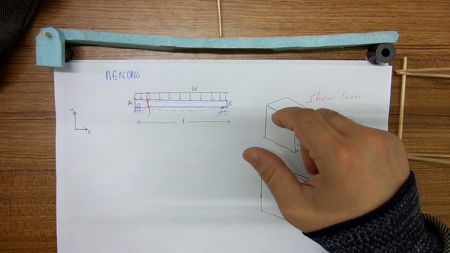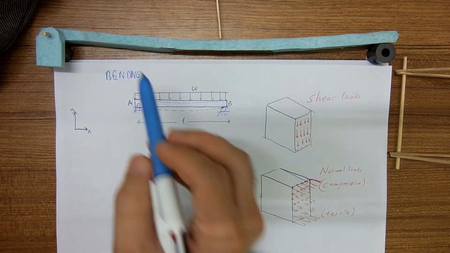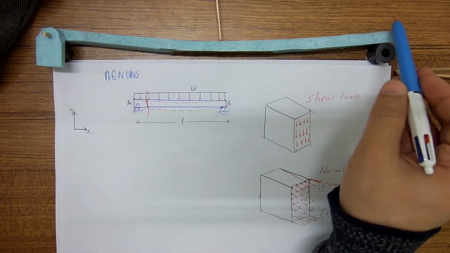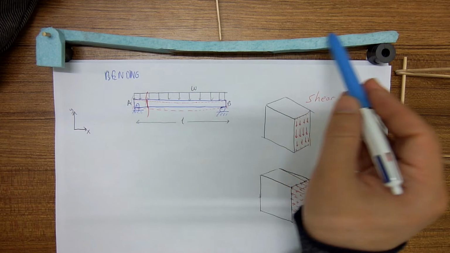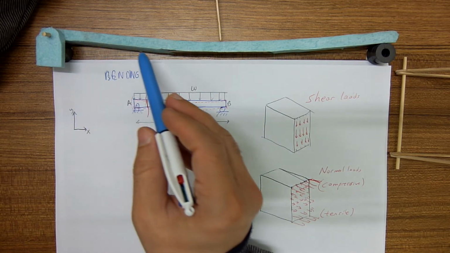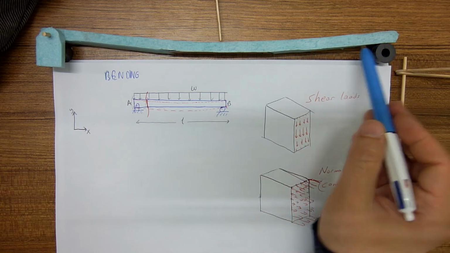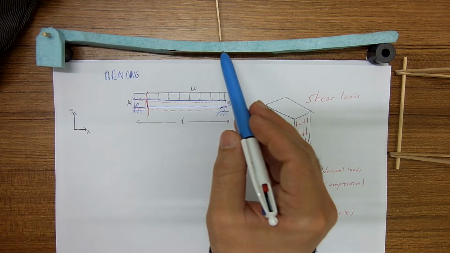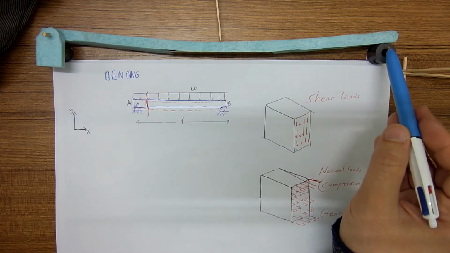I apply a point load. You see that the top portion, if we draw a line here, this line gets shorter, and if we draw a line at the bottom of the beam, this line would get longer.